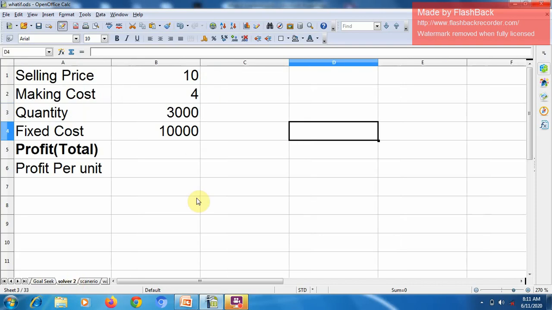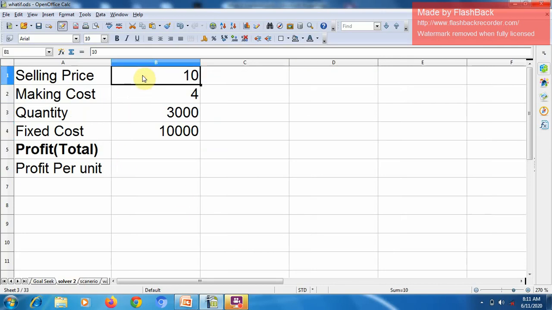We have these quantities for any product. For example, I am taking these quantities for a product, pen. Selling price of product is rupees 10. Making cost is 4. Quantity is 3000. And fixed cost for setup is 10,000.